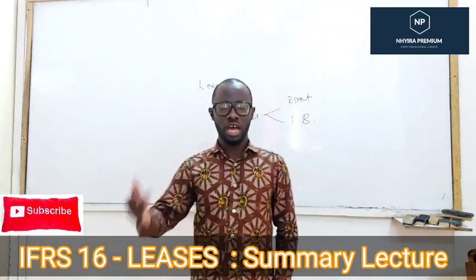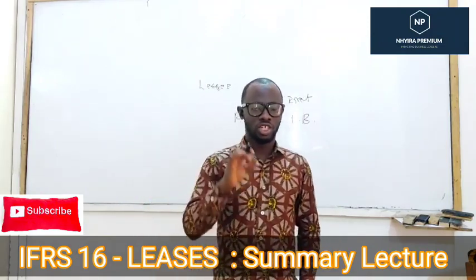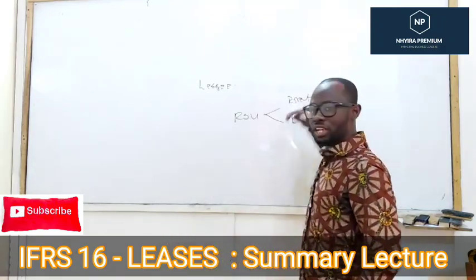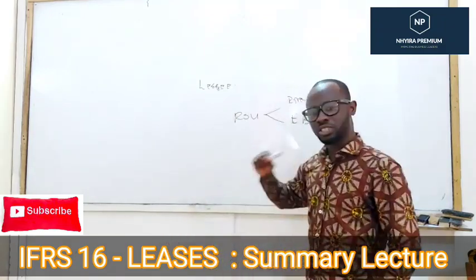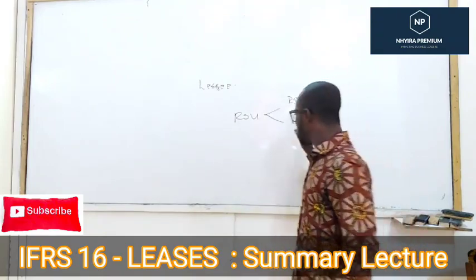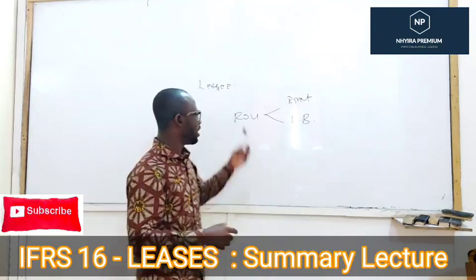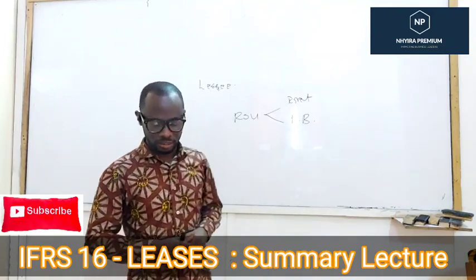But where we can establish in the question that the lessee, like I mentioned, directs the usage of the asset and substantially receives the economic benefits from the usage of the asset, then definitely we say there is a right of use of an asset.